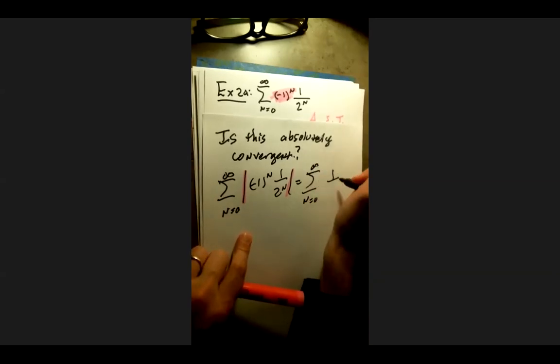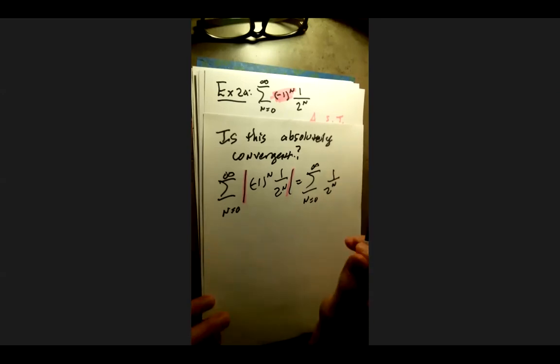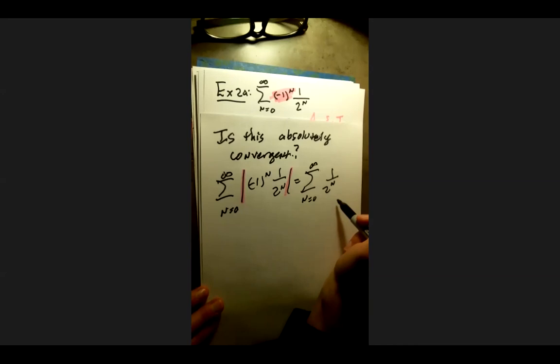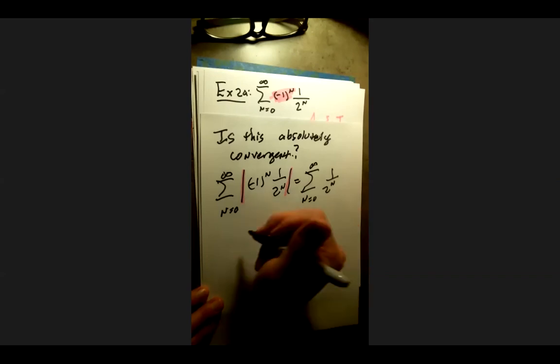So we're just going to have 1 over 2^n. And as Damon recognized earlier, what kind of series is 1 over 2^n? Geometric. And is it convergent or divergent? Convergent. Okay.